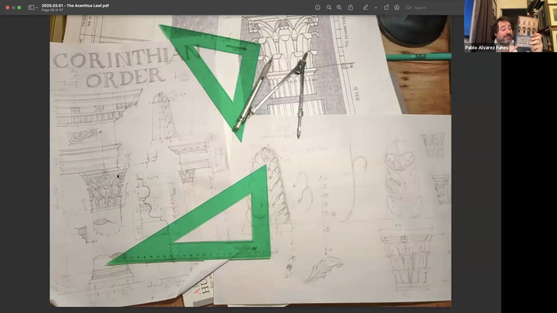I'm not promoting Thames and Hudson, but please read The Classical Language of Architecture by John Summerson. I'm going to write it here.